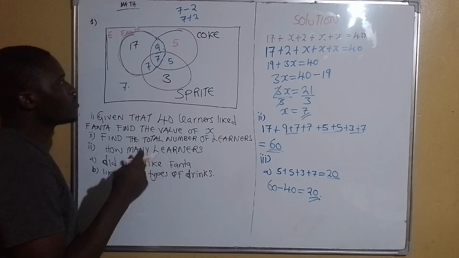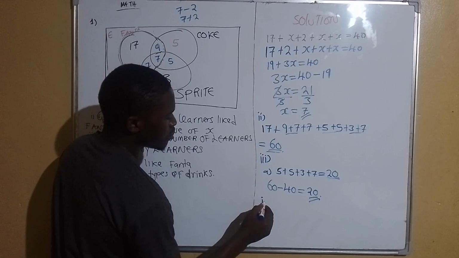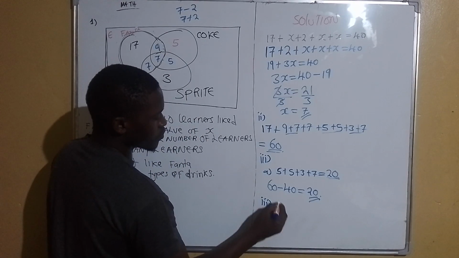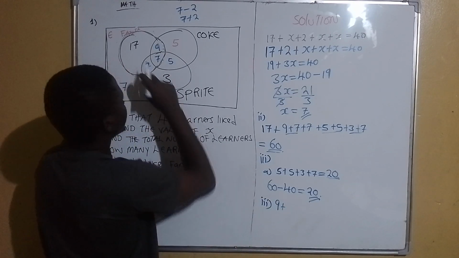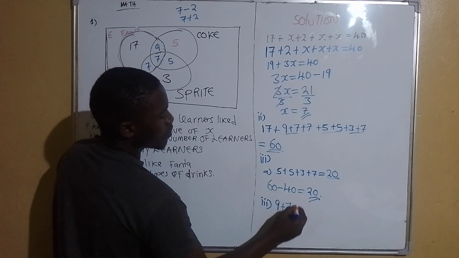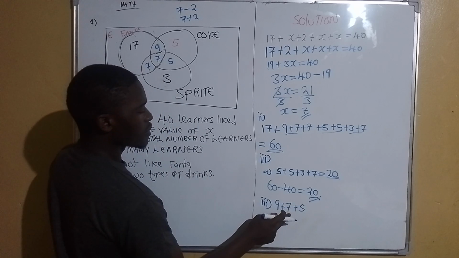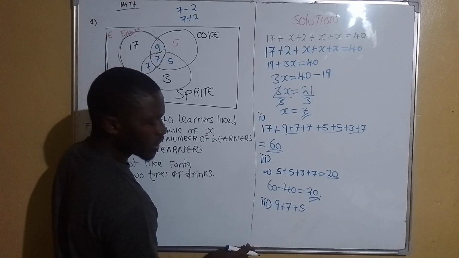So how do you find that? You need to add. You add 9 plus 7 plus 5. So 7 plus 5, we will get 12.